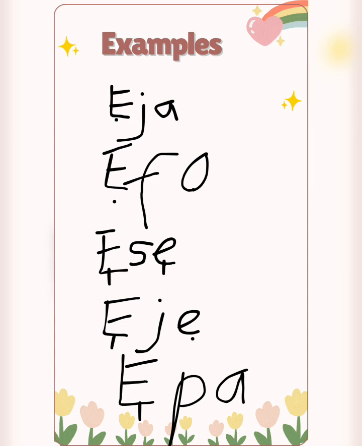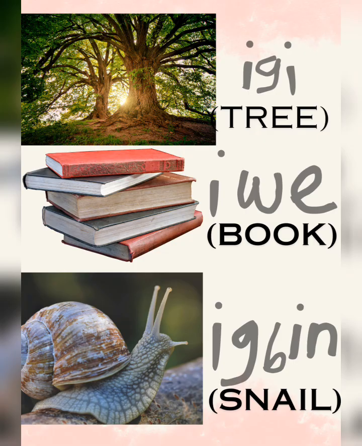Another Yoruba vowel we have is I. We have treated A and E. Can you recount the ones we have treated? A, very correct. Ẹ, very good.